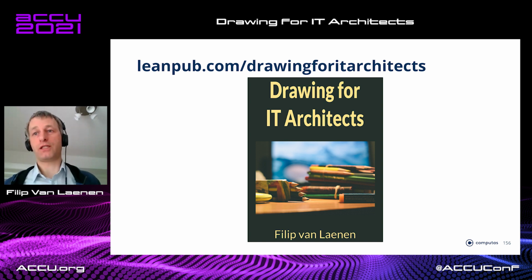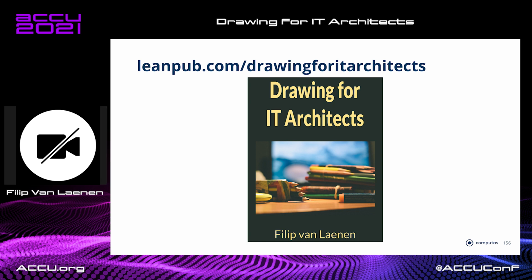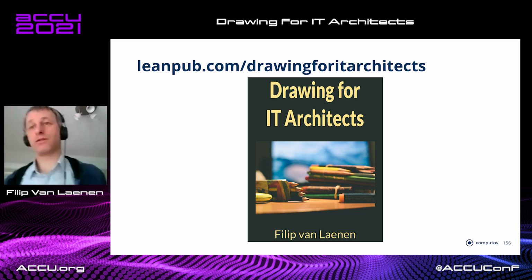I upload both the SVG and the PNG, and I hope that other people will be able to use the SVG files. Volker put in there, if you want your drawings as source with your code, PlantUML is great. Yeah, that's good.